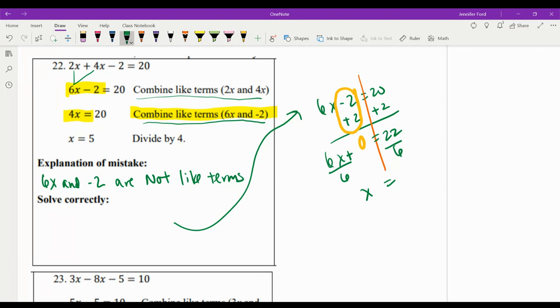So let's see. If I'm taking 22, dividing it by 6, 3 wholes. 3 times 6 is 18, with 4 left over. This is how much I have. So it's going to go in the numerator. Sorry, this is like how many pieces. So maybe let's call it this way.